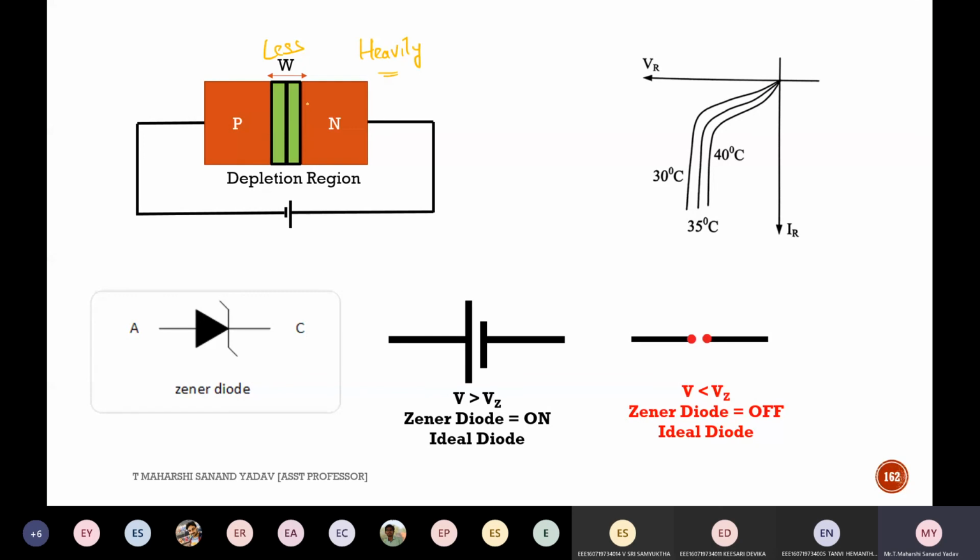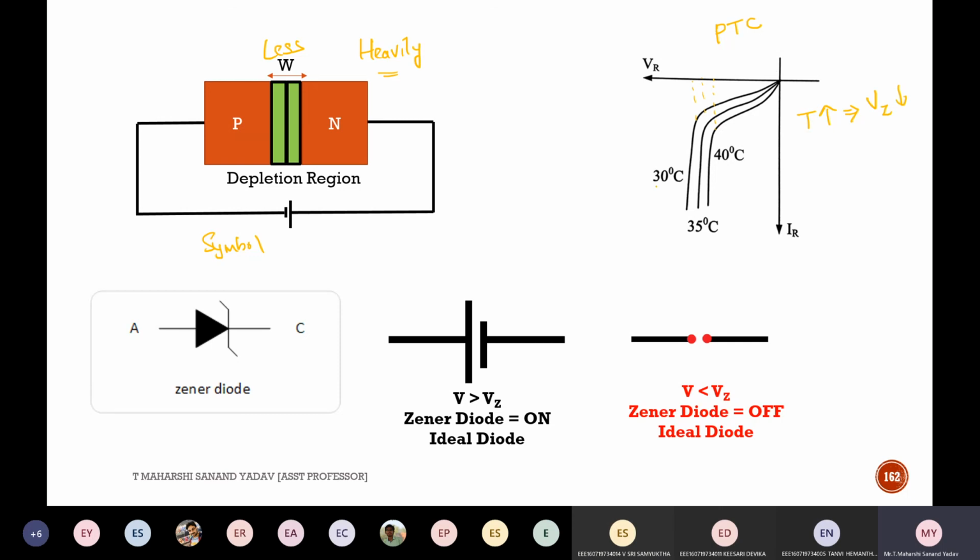So as it is heavily doped, depletion region is less. This is nothing but the symbol, and this is nothing but the Zener diode. Okay, here this is negative temperature coefficient. You see here, first, second, and this is third. So if temperature is increased, what is happening to VZ? Decreases.